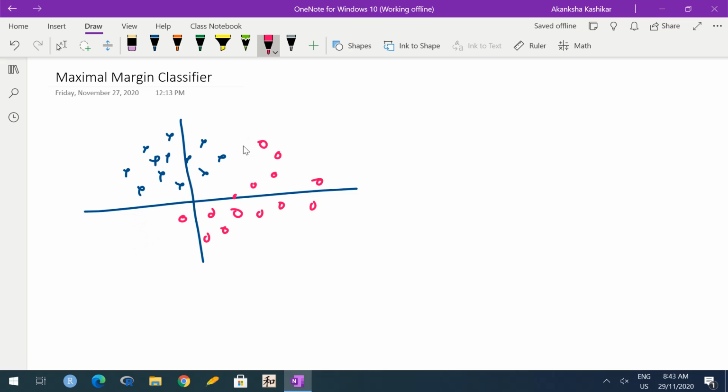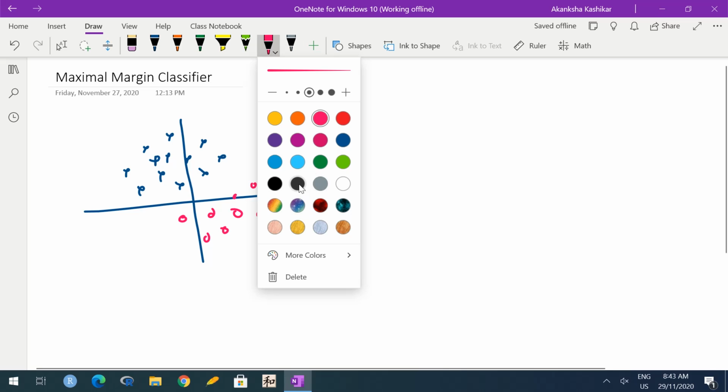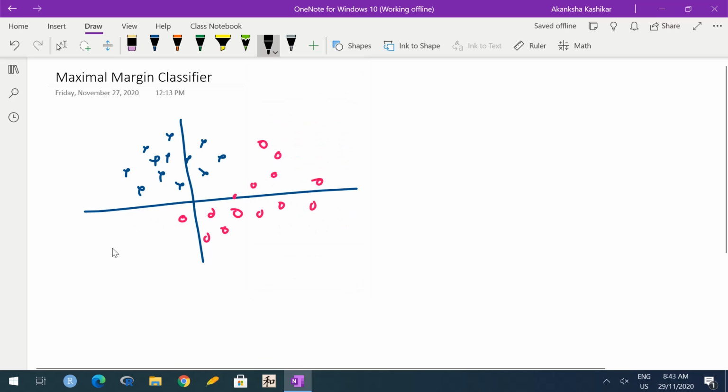First of all, the two groups seem to be fairly separable, right? That is the first thing that comes to your mind. Two groups are more or less separable. So if I ask you, give me a classification rule, what are you going to do? You would perhaps give a line something like this. Assume this is a straight line.